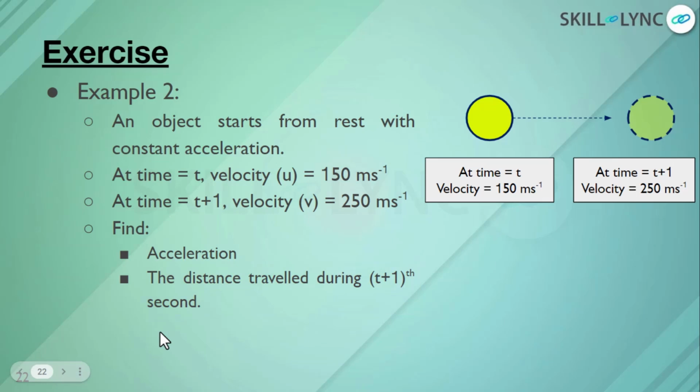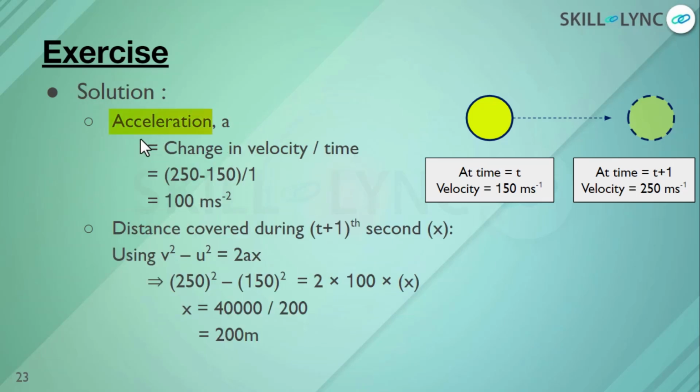Okay, so how are we going to find it? What is acceleration? Acceleration is the change in velocity with respect to time and is denoted by the letter a. Change in velocity is final velocity, that is 250 meter per second, minus initial velocity, that is 150 meter per second. The change in velocity is 250 minus 150, with change in time being only 1 second, because t plus 1 minus t would be only 1.